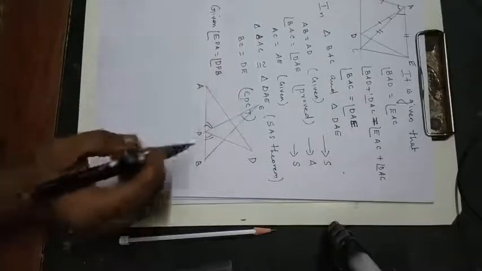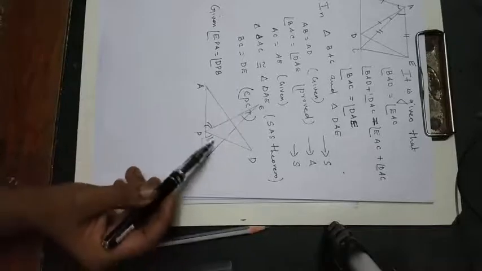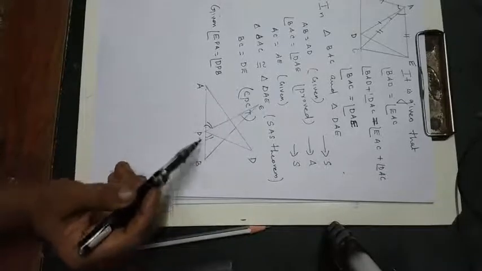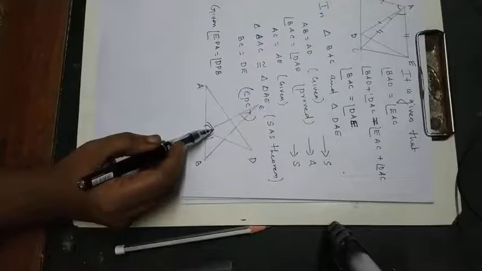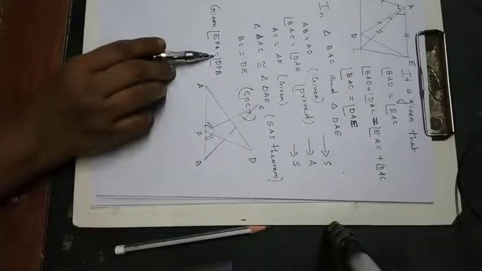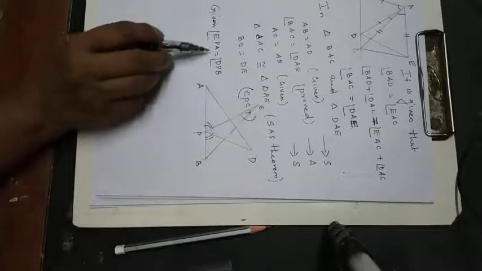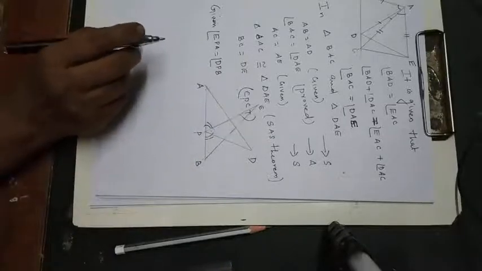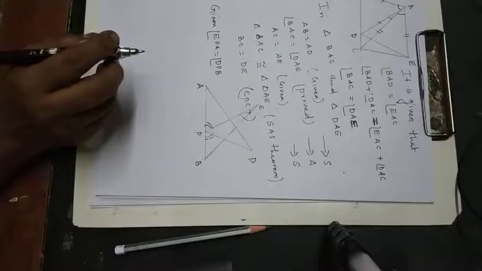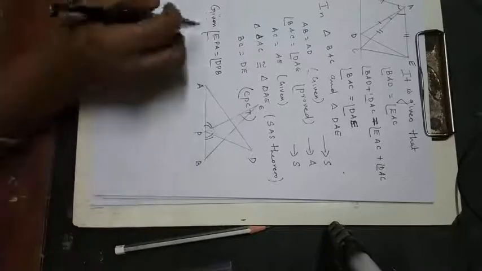Now we are adding the smaller angle to both of them. If they are equal and you add the same smaller angle to both, the equal sign will not change. So adding DPE to both.